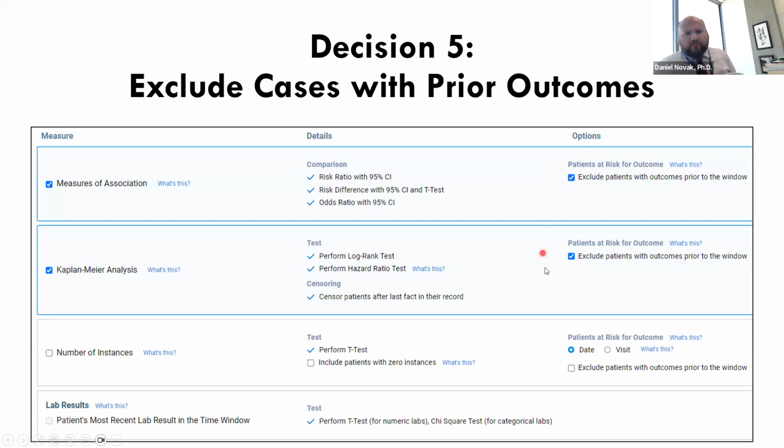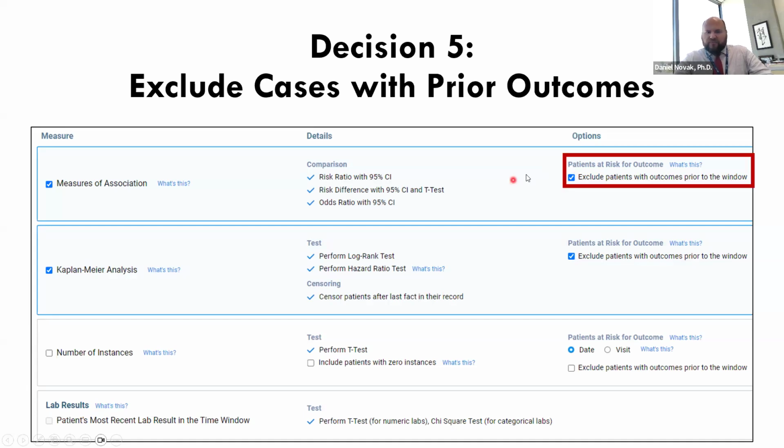This checkbox essentially excludes anyone with Alzheimer's from our study if that Alzheimer's diagnosis had come before the index event date, the date that the person's indexed into our study. So that means that anybody who had statins for less than a year, anybody who had never had statins or anything like that, but developed Alzheimer's, they would be excluded from this study before we even begin.